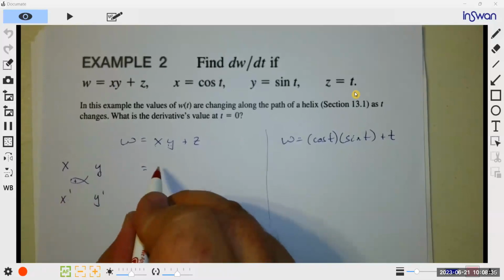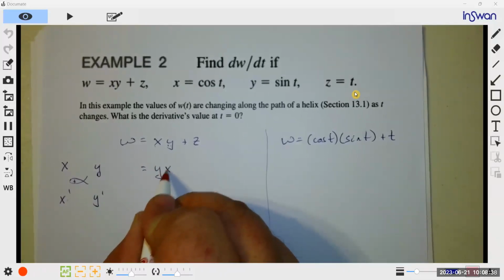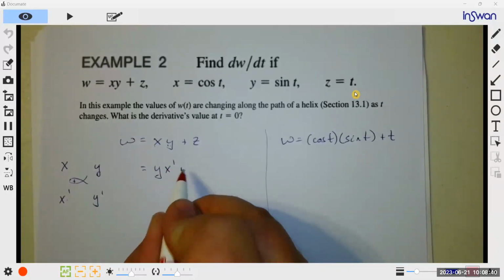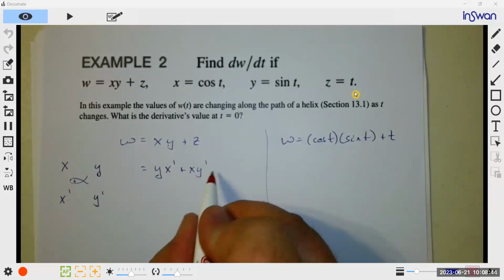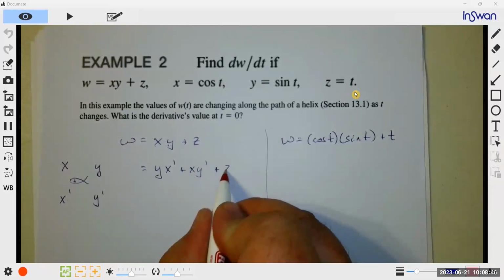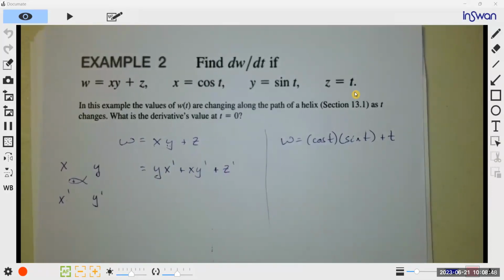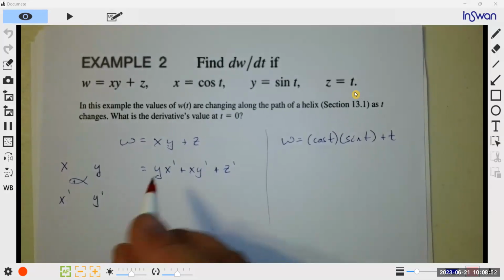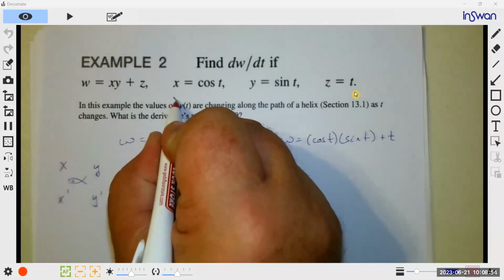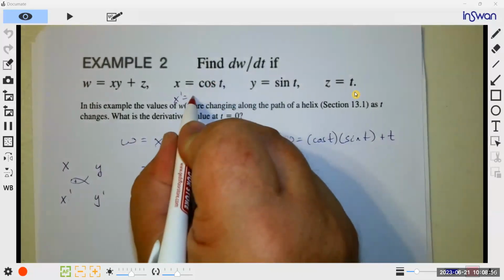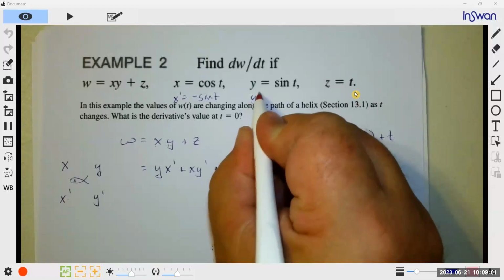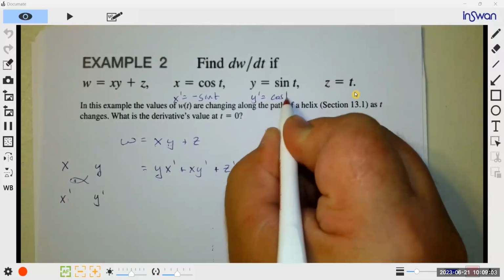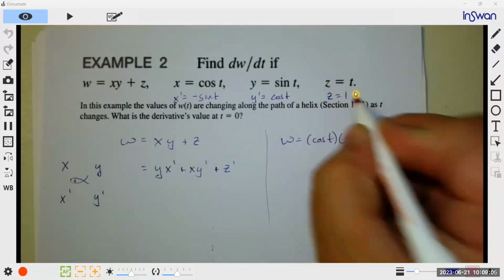So it's y times x prime plus x times y prime plus z prime. So what we have to do now anyway is find the derivatives. Derivative of cosine is negative sine. Derivative of sine is cosine. Derivative of t is 1.